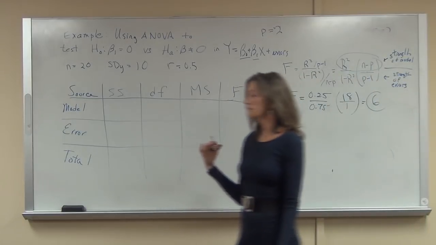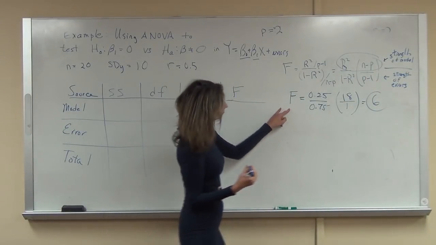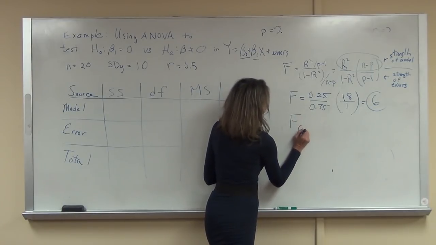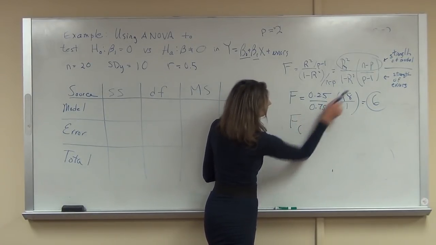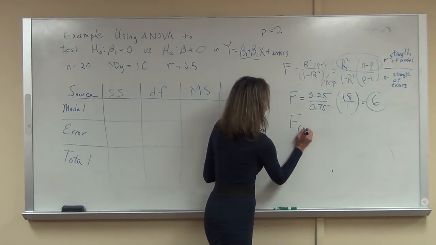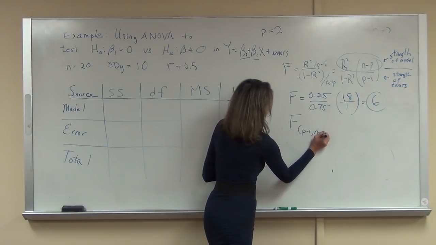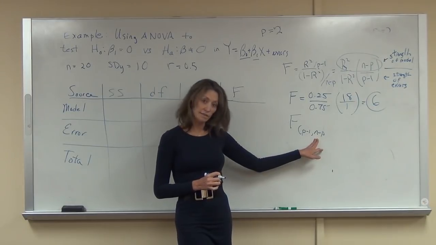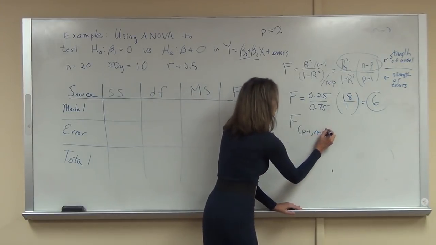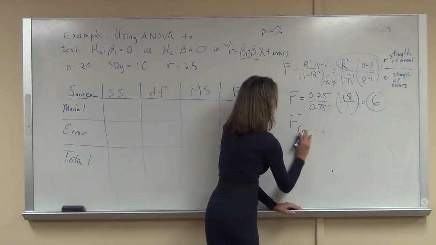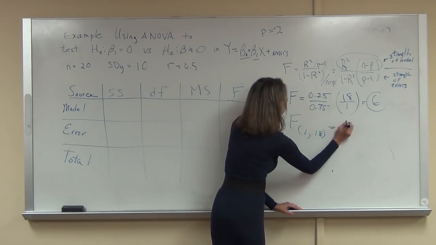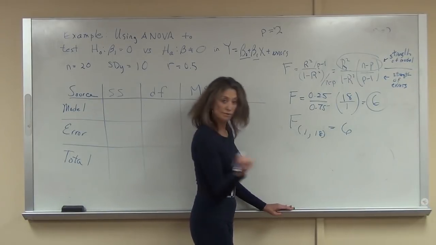So we could get a p-value by looking up on the F table, F with p minus 1 degrees of freedom and n minus p. This statistic is distributed as an F statistic with this many degrees of freedom. So in this case, p minus 1 is 1, and n minus p is 18. And then we'll look at the F distribution.